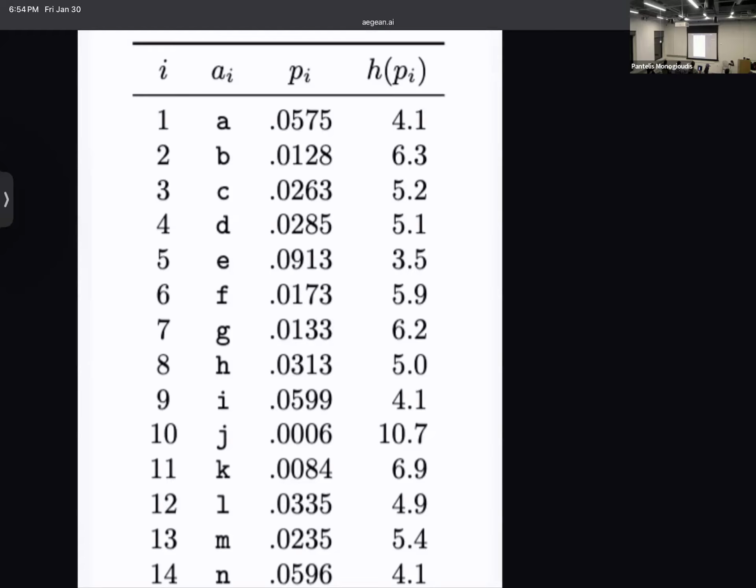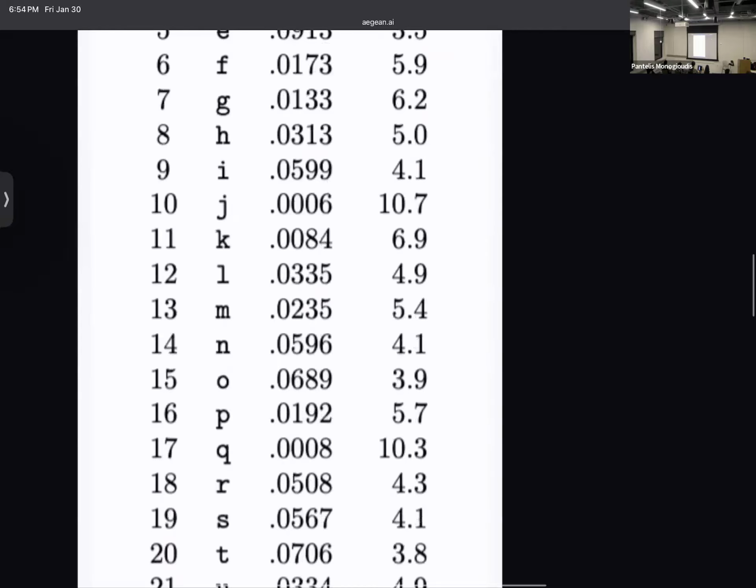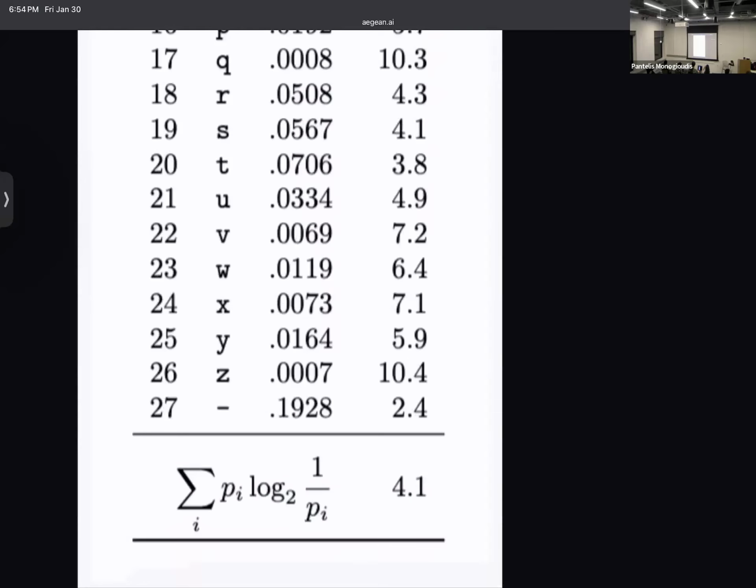So you can see here the value of J, which turns out to be the least possible symbol, the most unlikely event that can be generated in this specific experiment, has 10.7 bits as compared to the space symbol over here, which is denoted by dash, which is very likely and commands 2.4 bits.